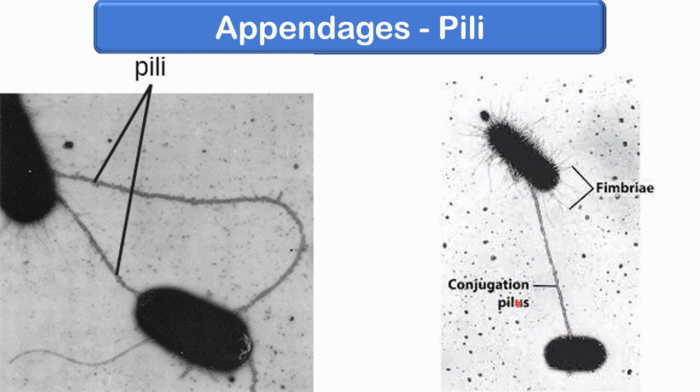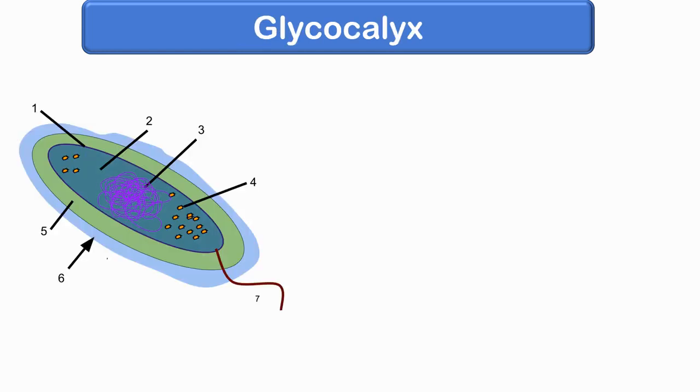Conjugation using pilus is seen only in compatible gram-negative cells, and conjugation in gram-positive cells involves aggregation proteins rather than the pilus.